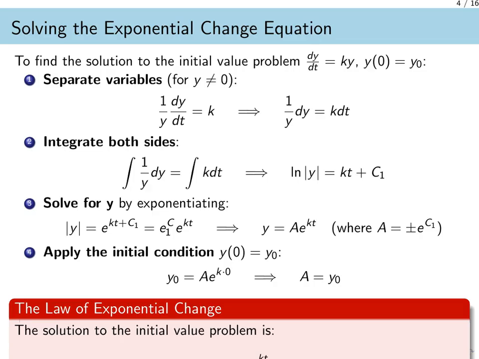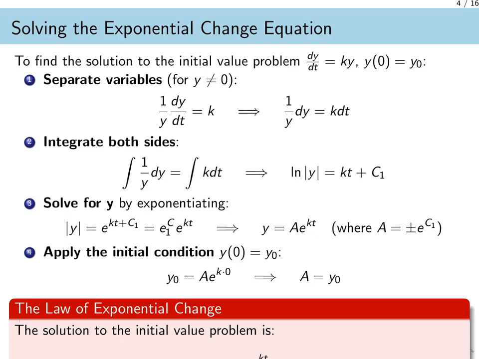Then, I integrate both sides, which results in the natural log of the absolute value of y equaling k times t plus a constant of integration, c1. To solve for y, I exponentiate both sides, simplifying the expression to y equals a new constant A times e to the power of kt.